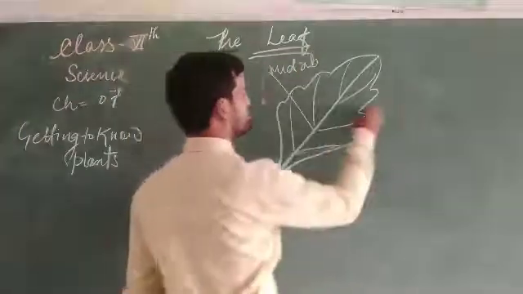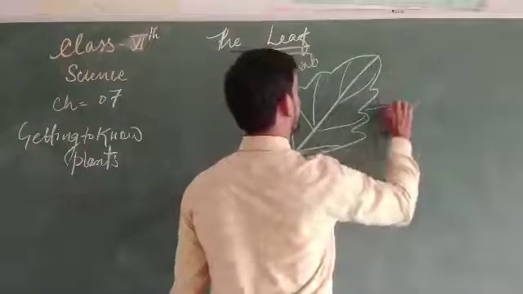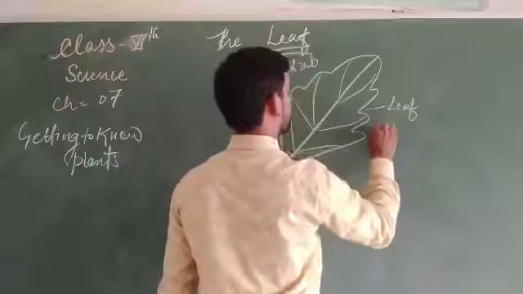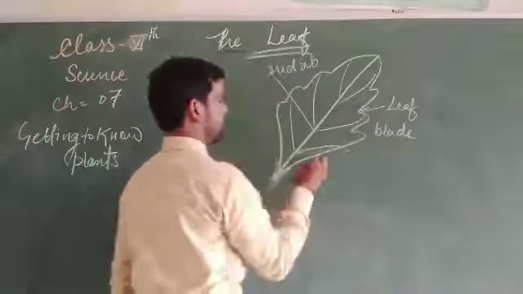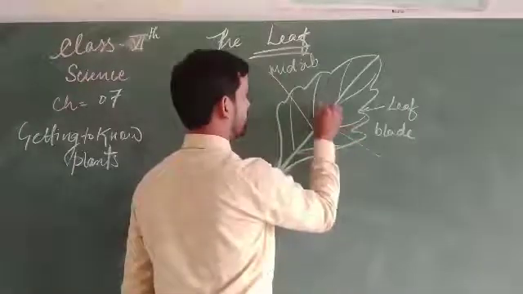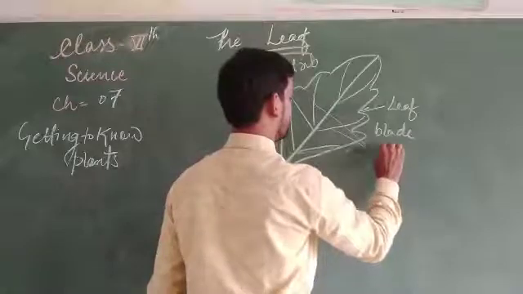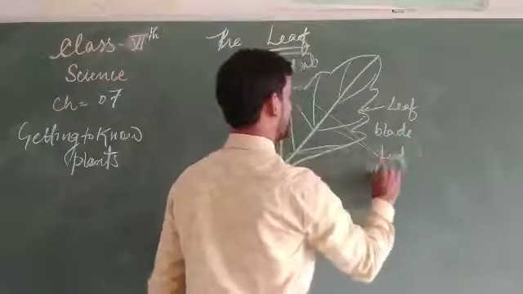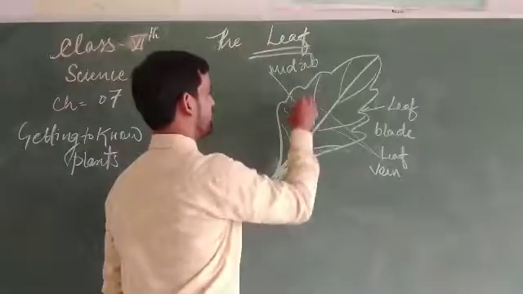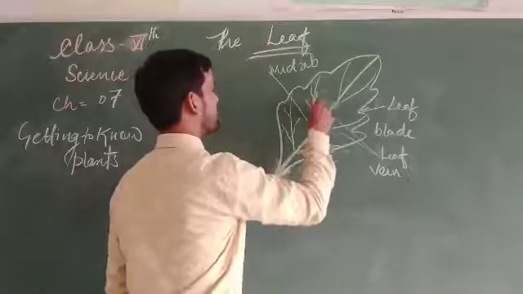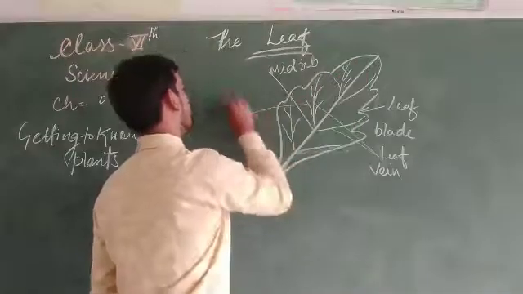And the margin, this one is called the leaf margin or leaf blade. Here you can see this type of structure is called a vein. Vein of a leaf. And if there is a smaller structure with a drop-like shape, that one is called a ganglia.